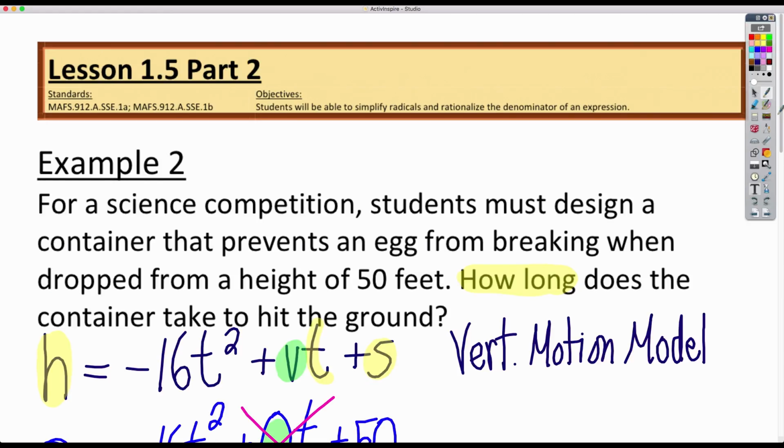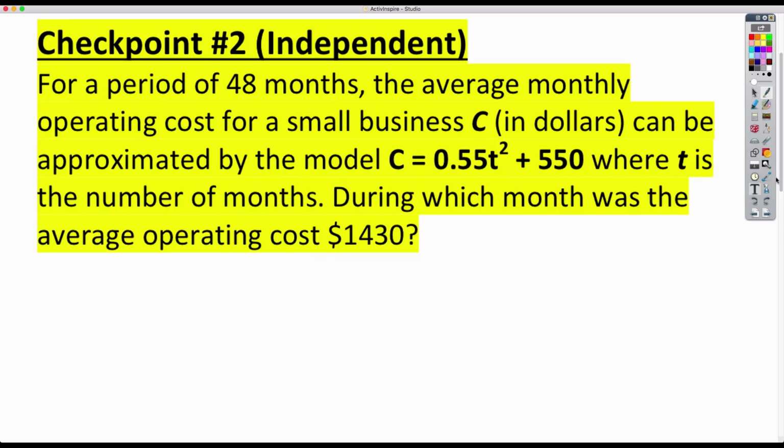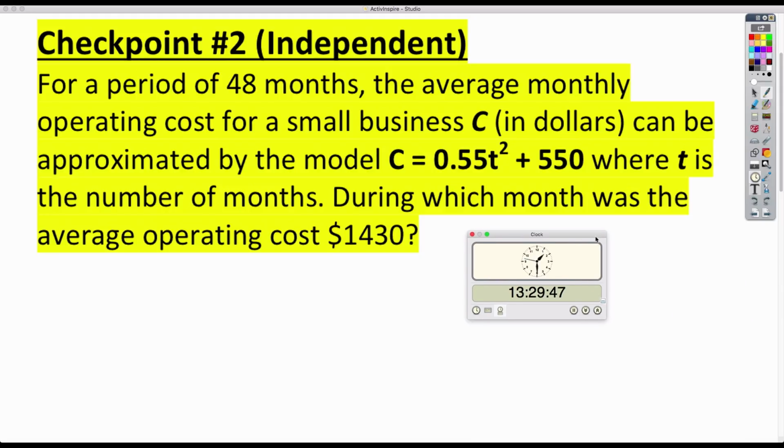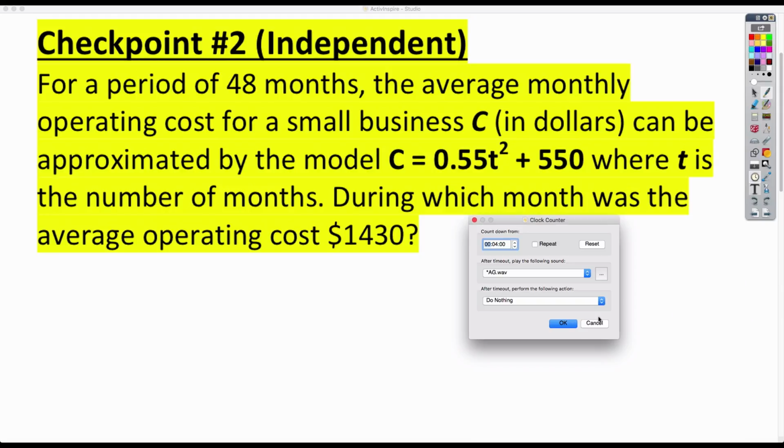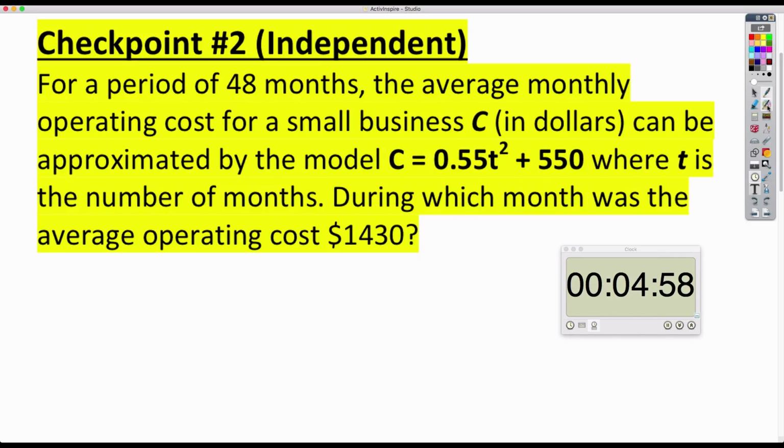All right. So that brings us to you trying to figure something out. Checkpoint number 2. You got 5 minutes because you need a minute to read and then 4 minutes to work it out. Remember, my job is to push you.